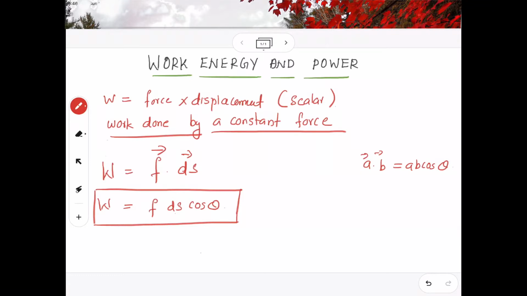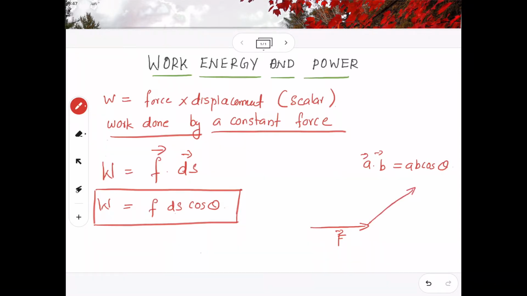For example, let me consider a force as a vector. This is my force vector F, which is acting on an object. Just imagine the displacement is not in the same direction as the force. So I can represent the displacement like this.